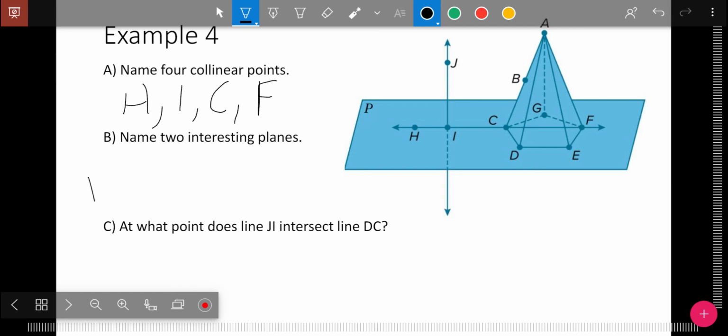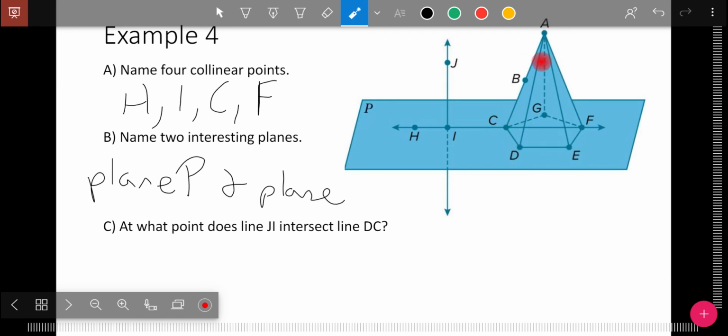Two intersecting planes, very tricky. Hopefully everybody sees plane, I'll call it plane P. That's the big blue plane down here. Now, do you even see another plane? I bet you do. You just don't realize it. I bet you all noticed there was this pyramid here, and every face of the pyramid is a plane.